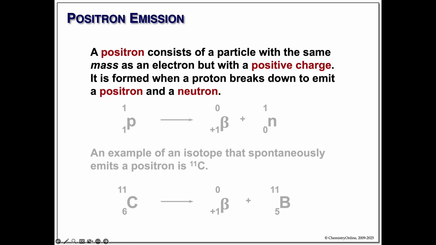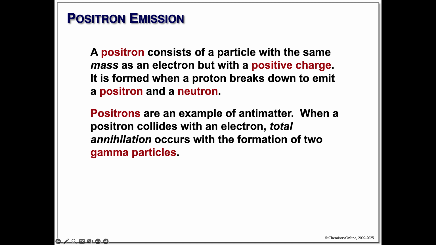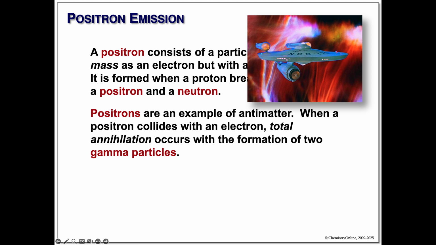Now, positron is an example of antimatter. You may have heard of antimatter if you watched Star Trek. Yes. And they were right. Scotty was very careful never to let the antimatter and matter mix. Because if they did, you would get total annihilation. Well, that's true, actually.